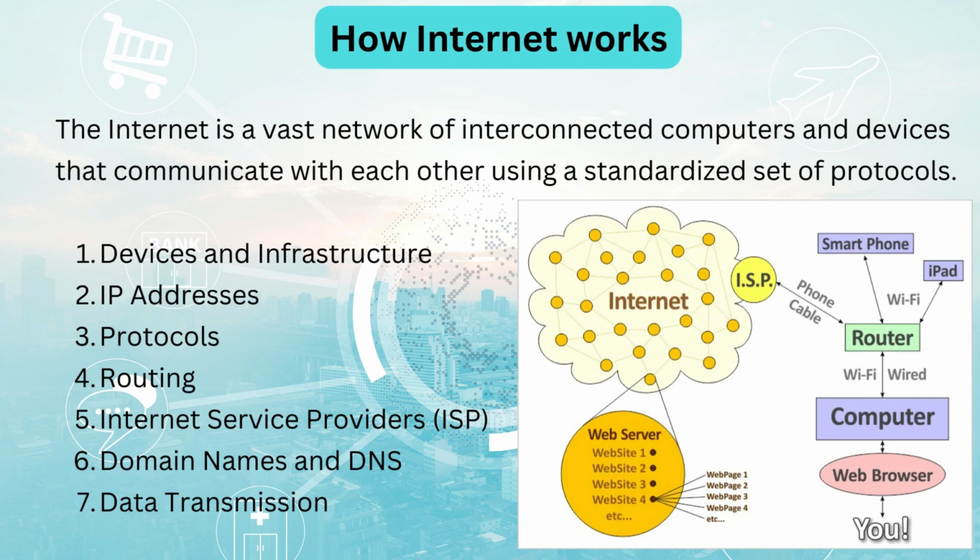And then we have data transmission, how the data is transmitted over the internet. Once the packets reach their destination, they are reassembled into the original data and delivered to the recipient. This process typically involves multiple layers of communication protocols, including application layer protocols like HTTP for web browsing. We are typing http://www.amazon.com, right?